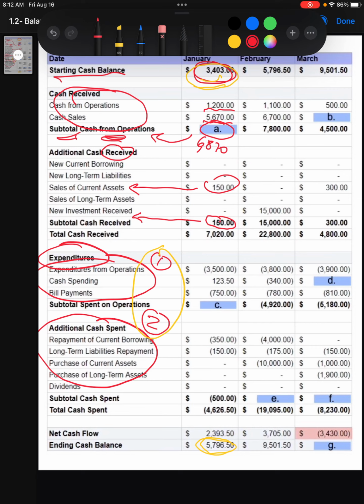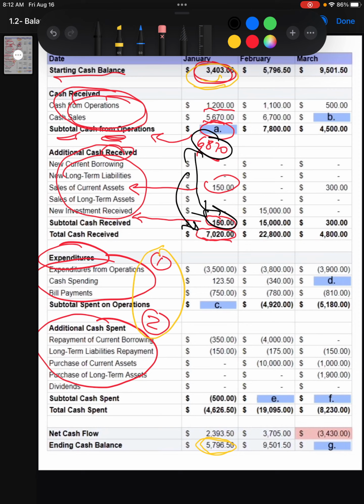Now, if you see, this 7,020 is the result of adding additional cash received and operations, which means that you do 6,870 plus 150. That's where the $7,020 comes from. Okay?